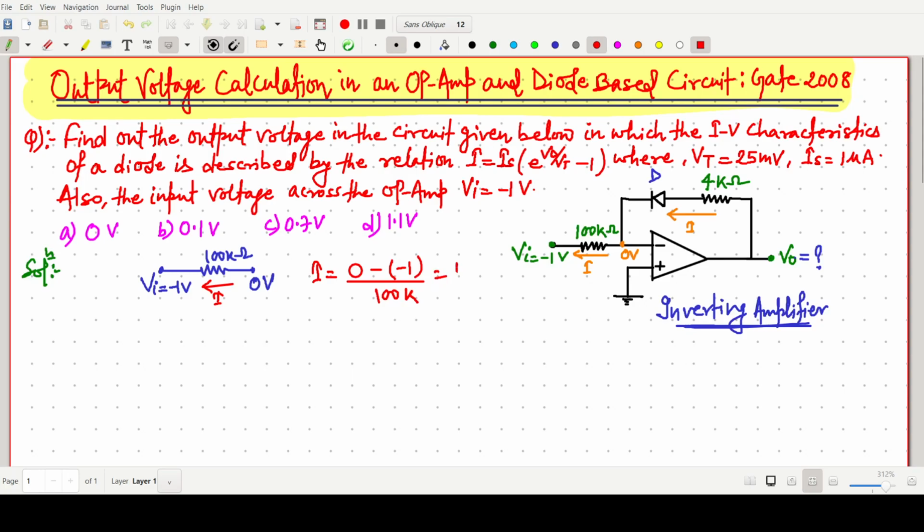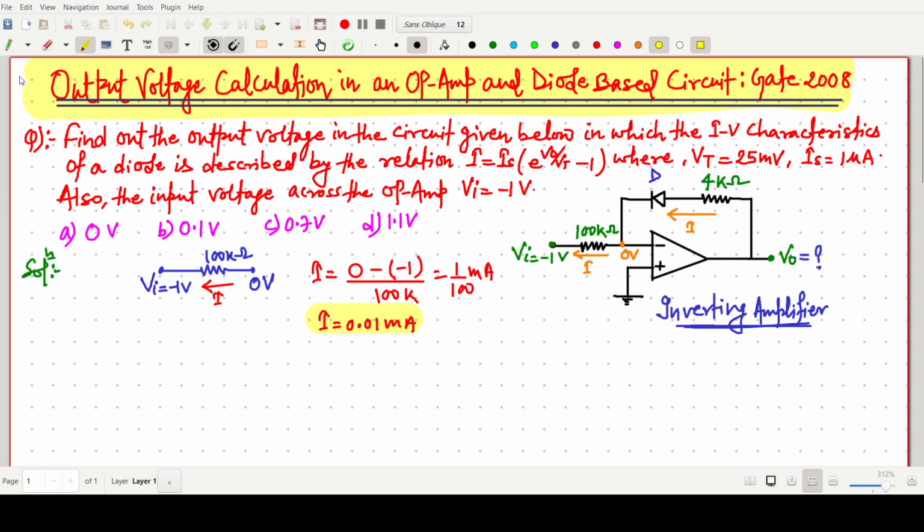So it should be 1 by 100 milliampere, or in general we can say I equals 0.01 milliampere. So we have found the value of I, and the same current is flowing through this diode.